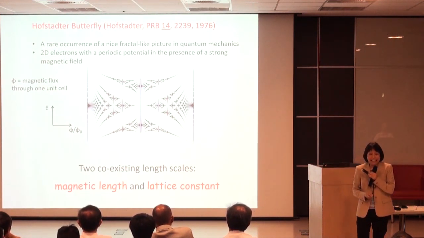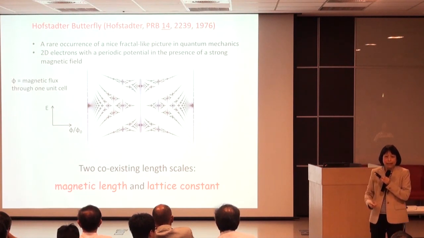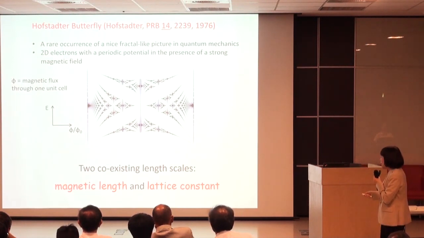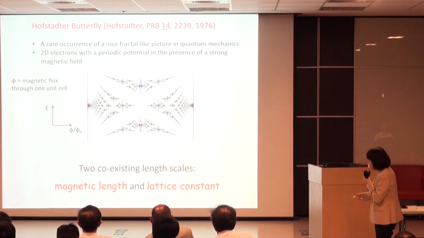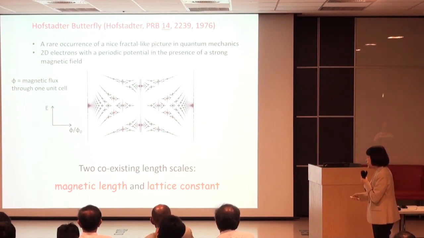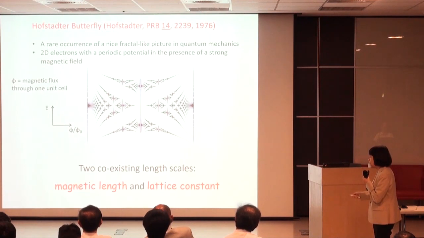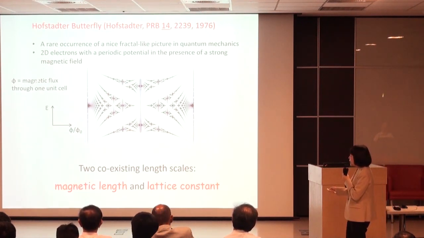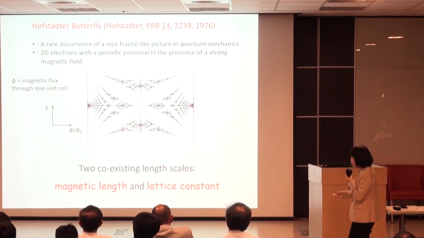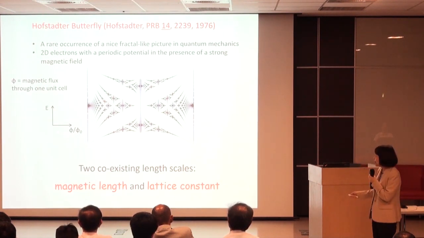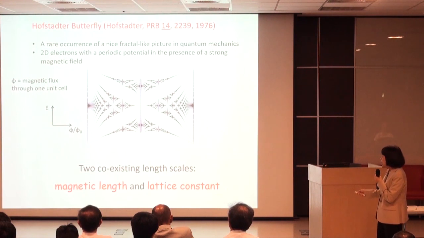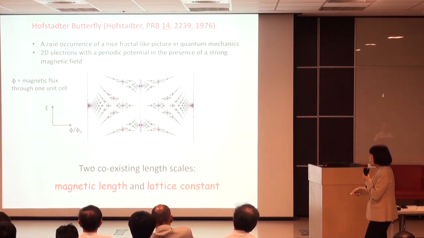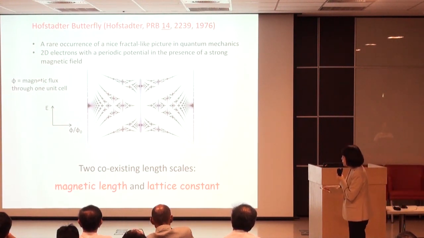In quantum mechanics, you're going to see those kinds of self-similar fractal-like structures, except that the horizontal axis we're seeing here, energy versus magnetic field, is plotted in terms of the magnetic flux over the flux quantum. Okay? So the flux is going to be the magnetic field multiplied by the area of one unit cell.